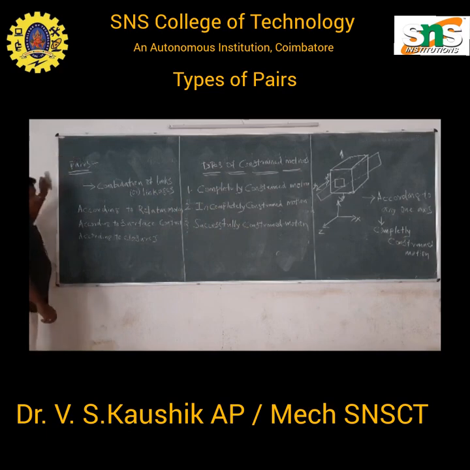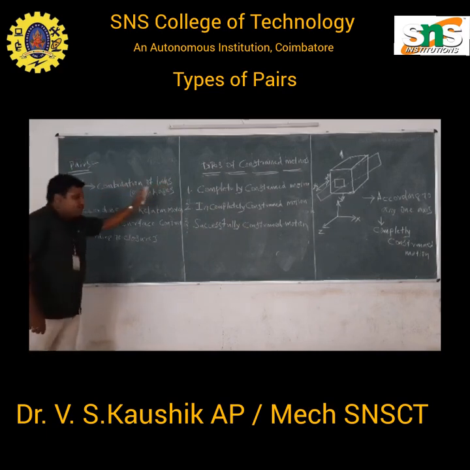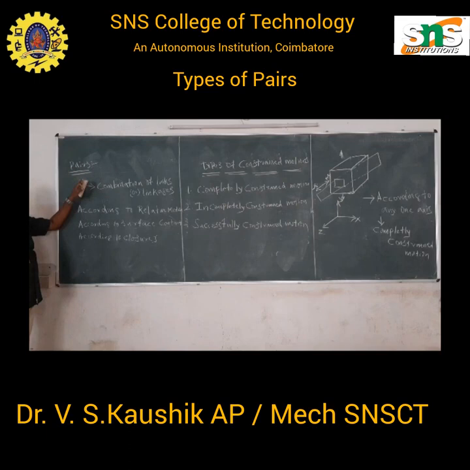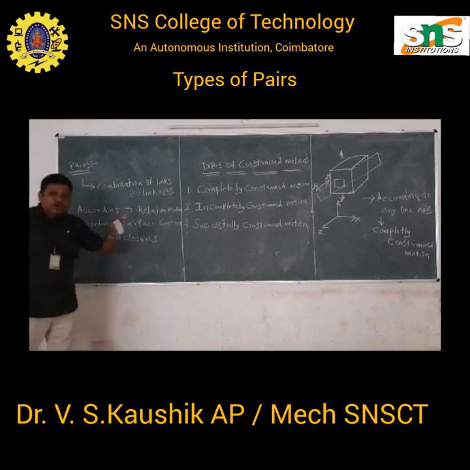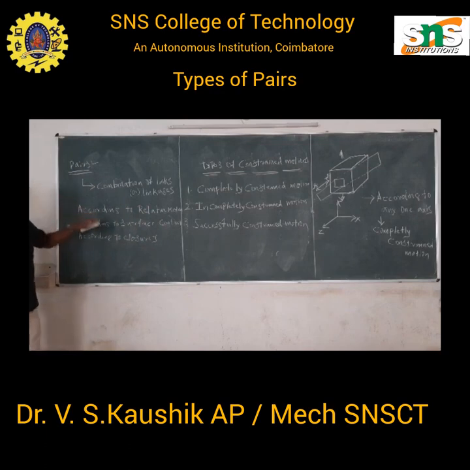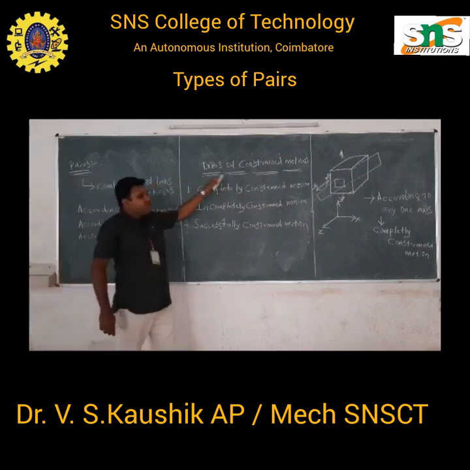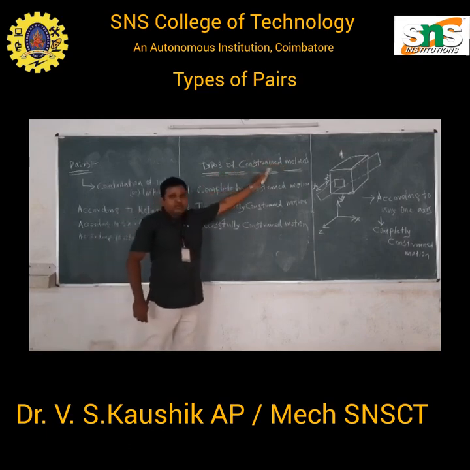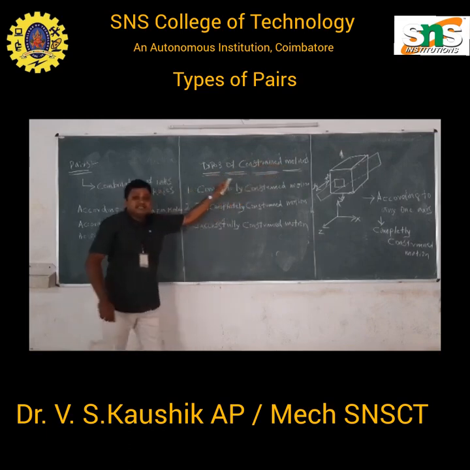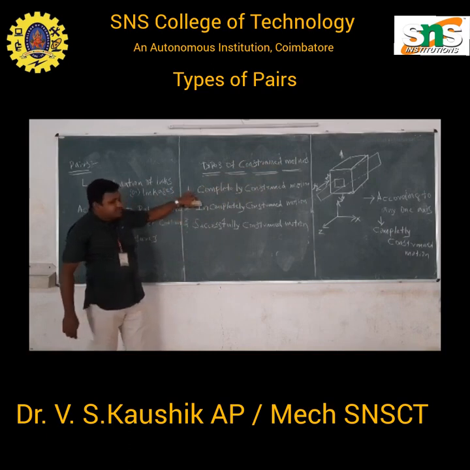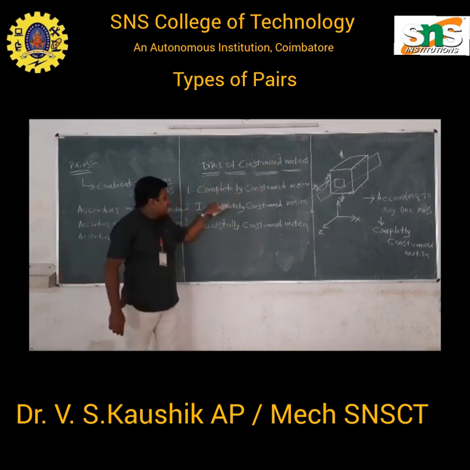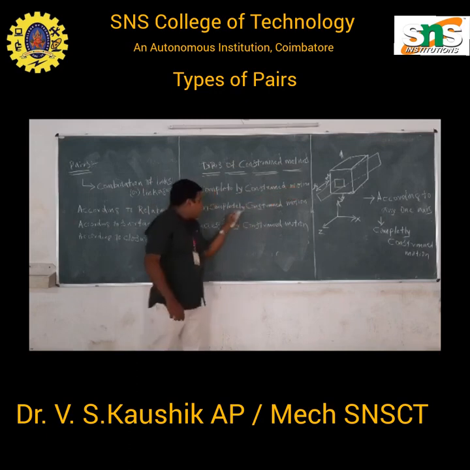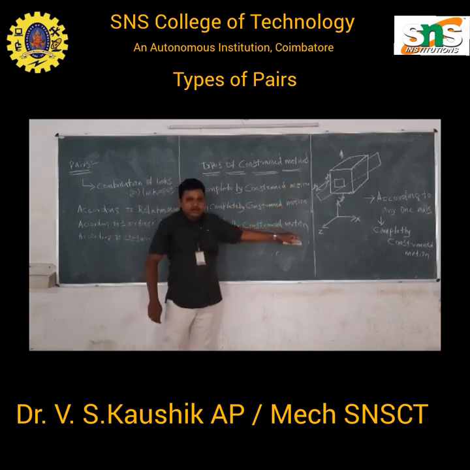Incompletely constrained motion. Now, do you understand what is pairs? Pairs is nothing but combination of linkages. In pairs, there are types of movements or motions, termed as constrained motions. Under this, there are three headings: completely constrained motion, incompletely constrained motion, and successfully constrained motion.